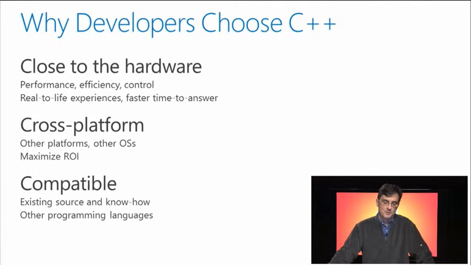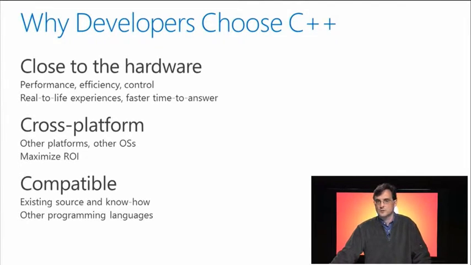People choose C++ because it's close to the hardware. That gives you control, it gives you raw performance, and sometimes just better latency and throughput in general. C++ also is chosen often because it is a cross-platform language. It's supported on pretty much every operating system, every environment, and it is, at its core, not tied to any particular underlying platform.